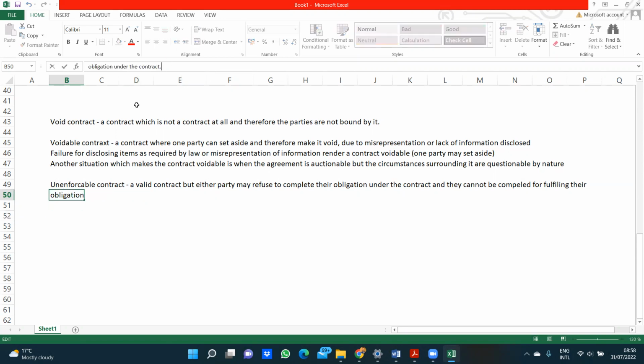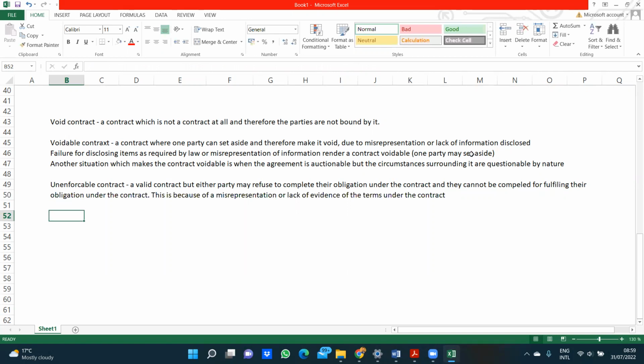This is because of a misrepresentation or lack of evidence of the terms under the contract. Let me try to summarize it here.